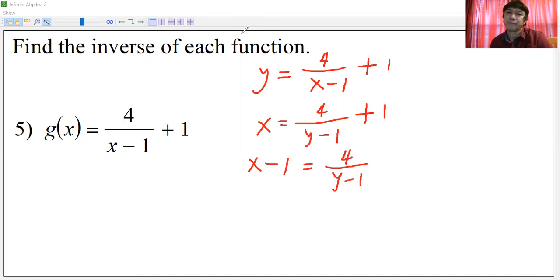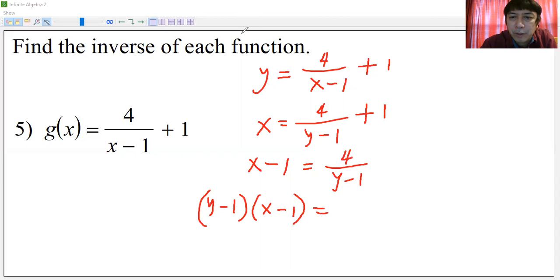After which we're going to multiply both sides by the denominator y minus 1. So we will have y minus 1 times the quantity x minus 1, and we have here 4 over y minus 1, multiplied also by the quantity y minus 1.